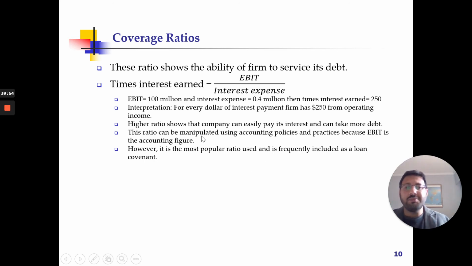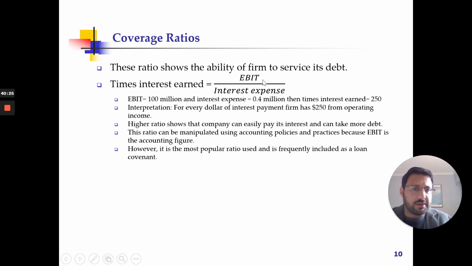This ratio has limitations and it can be manipulated because it's an accounting number. Many people say that this ratio understates the ability of the firm to service its interest payments. The reason is that depreciation and amortization is a non-cash expense, and the firm still has cash available to service its interest payments.